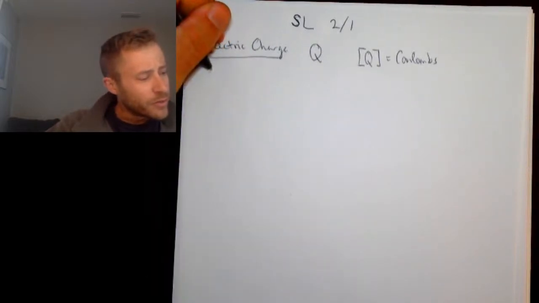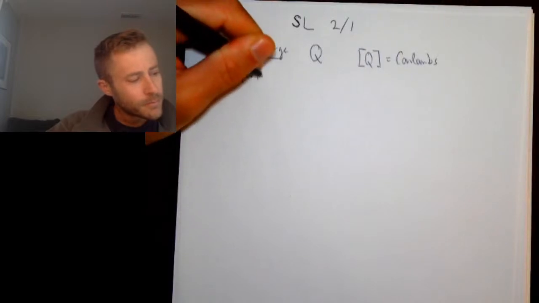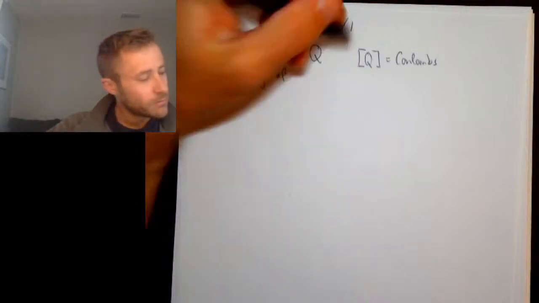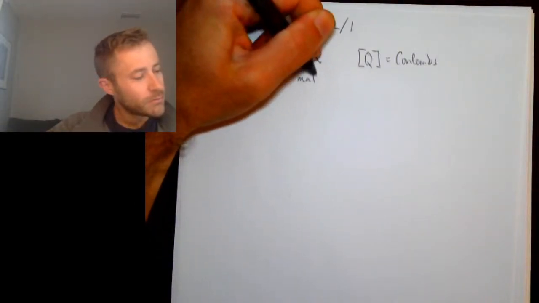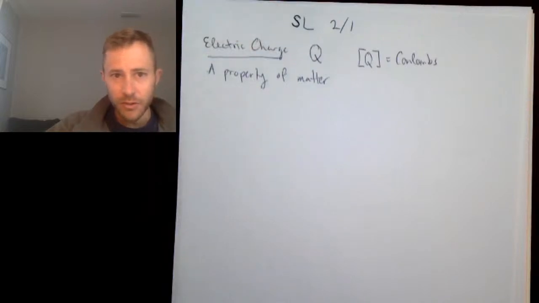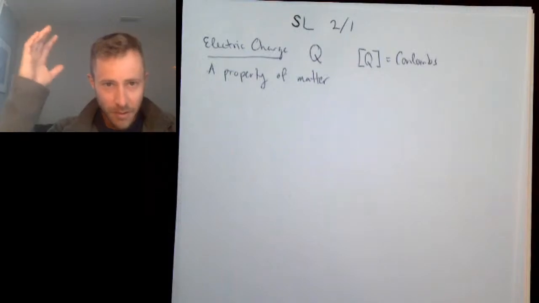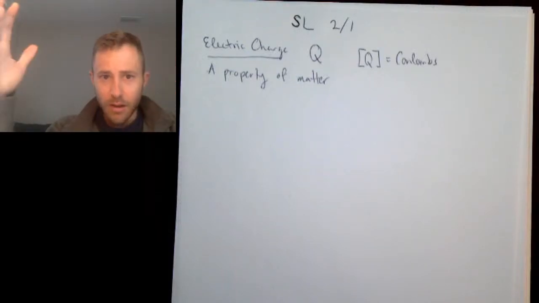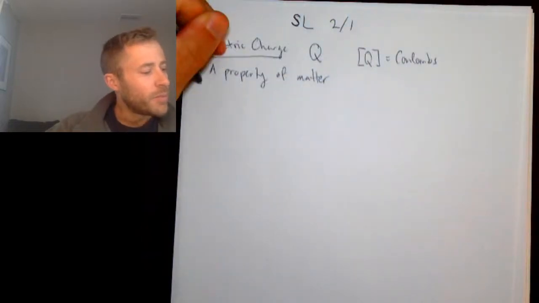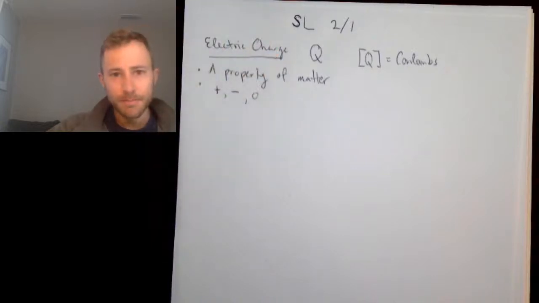Charge is basically a property of matter. So you can think about it almost like mass. Electric charge is just like an abstract property that matter has. It can be positive, it can be negative, or it can be zero.